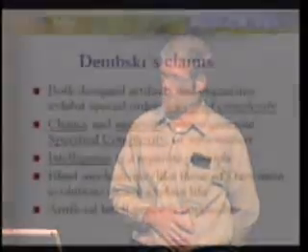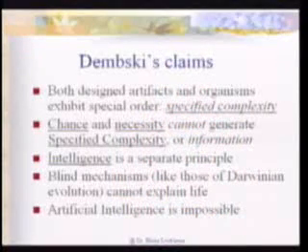It also applies to living organisms. Chance and necessity cannot generate specified complexity or information. Intelligence is a separate principle, a separate concept. You have to keep it separate. Blind mechanisms like those of Darwinian evolution cannot explain life.